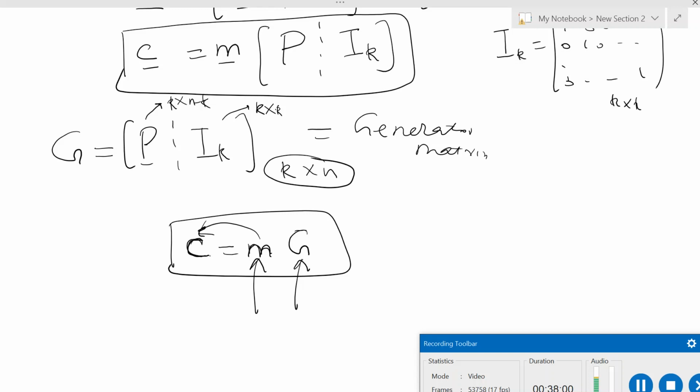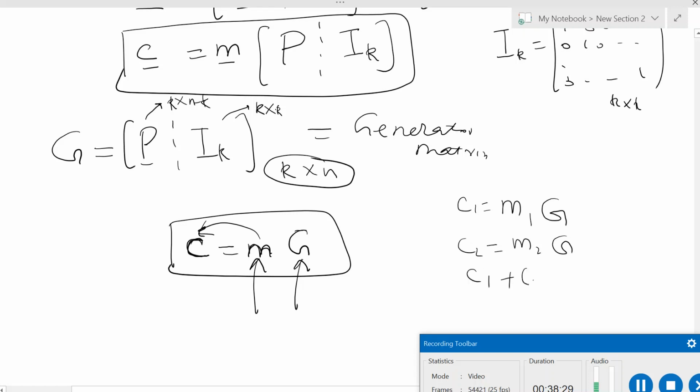Now comes the reason for calling it linear block codes. Suppose you have a message M1, and you multiply it with the generator matrix, it will give some code word, suppose C1. Similarly, you have a message M2, multiply by the generator matrix, you get a code word C2.